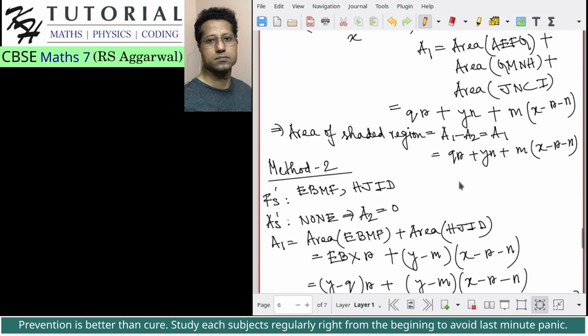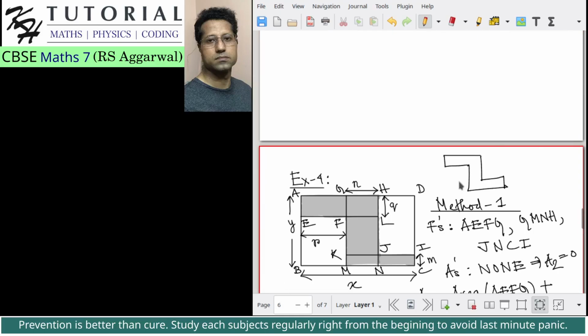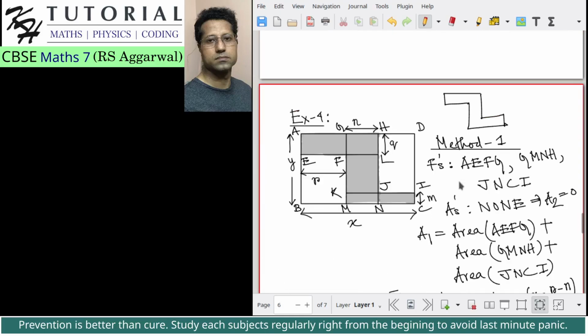So I think it is now clear how you will find the area of a shaded region which can be decomposed into multiple rectangles or squares. They may or may not have overlapping areas.